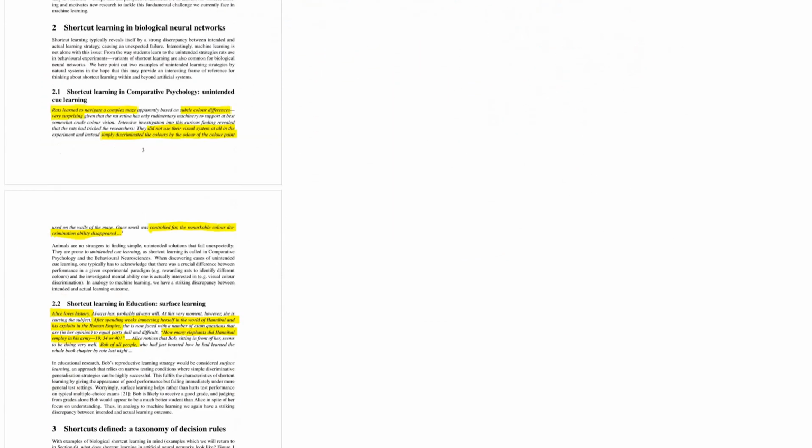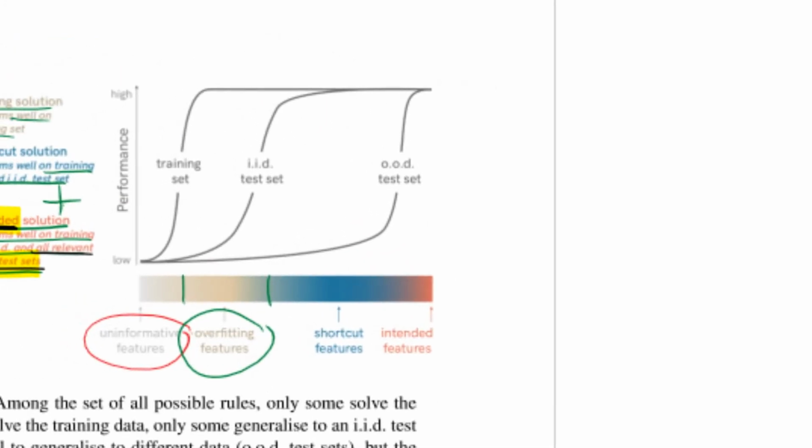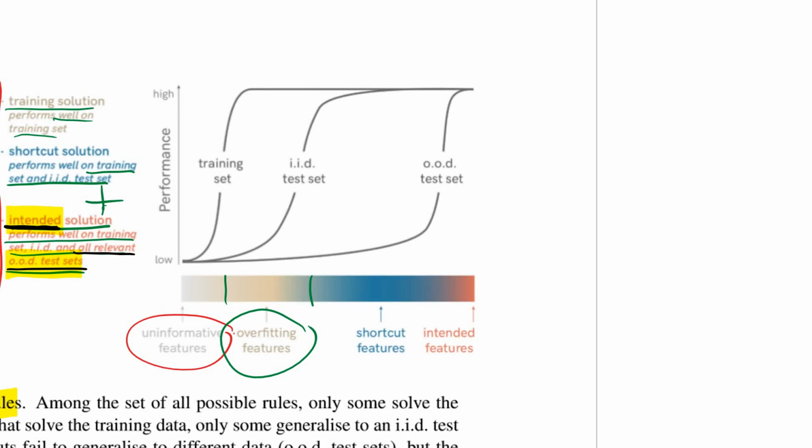So I think the paper puts a bit too little emphasis on this. Suffice to say, with their taxonomy, they can say if you use, for example, only the overfitting features, then you will do well on the training set, but not on the IID and OOD test sets.